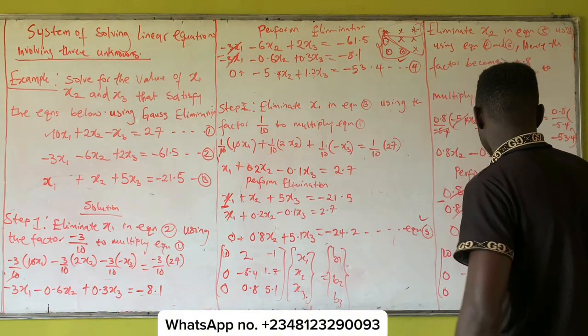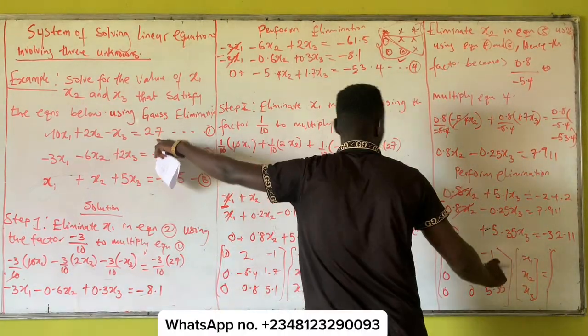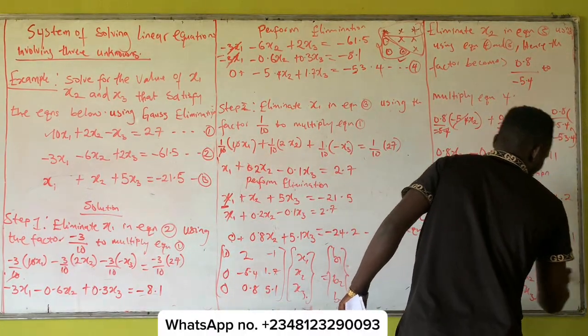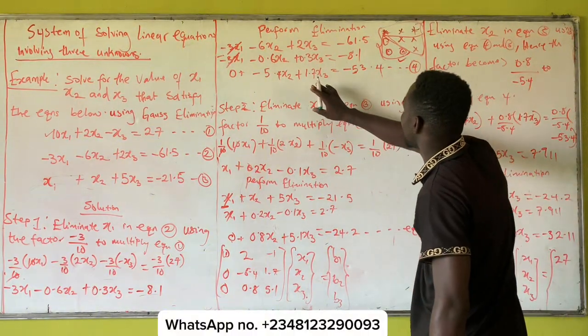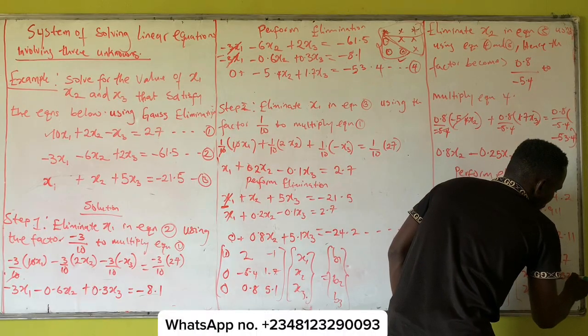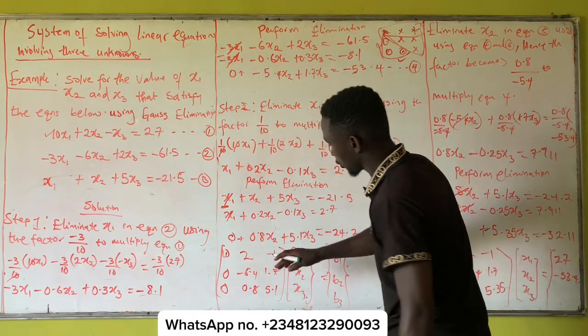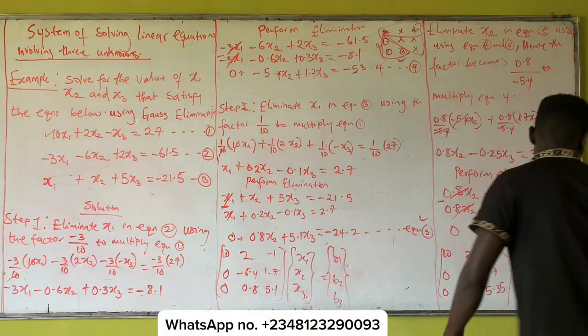For this equation, what was the value here? Here we have 27. For this line, that is our equation 4, what was the value? It is minus 53.4. For this new equation, what was the value of B there? Minus 32.11.